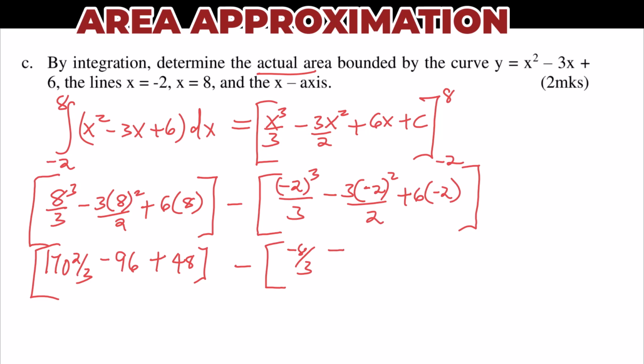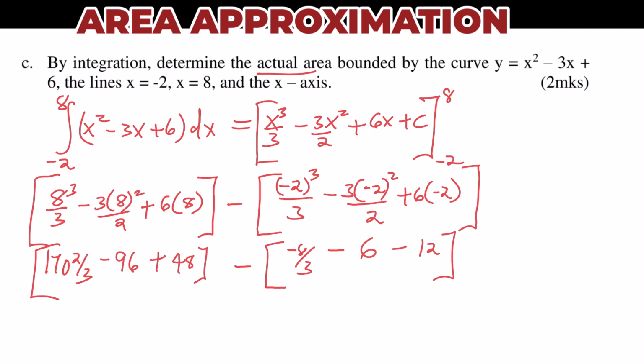Then subtract. This will be 3 multiplied by -2 squared, that is 4. This is 12, so that will be 6. Then minus 12.